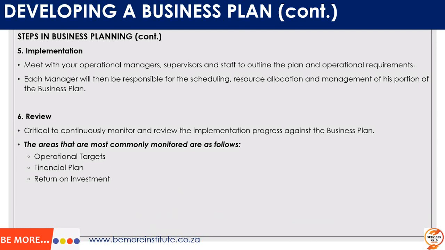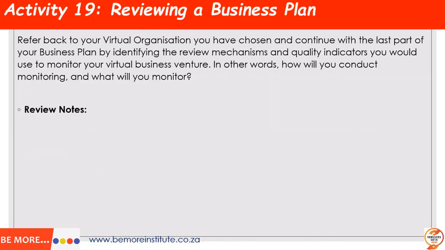The areas mostly monitored are the operational targets, the financial plan, and return on investment. At the end of the day, you run a business to make profits. So it's important to always keep track of your numbers, whether they are telling you what you would like to see, and if not, what intervention you can put in place.